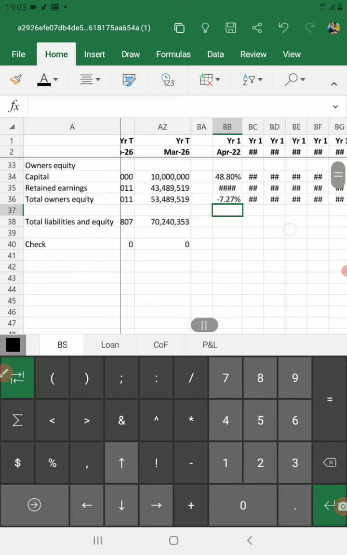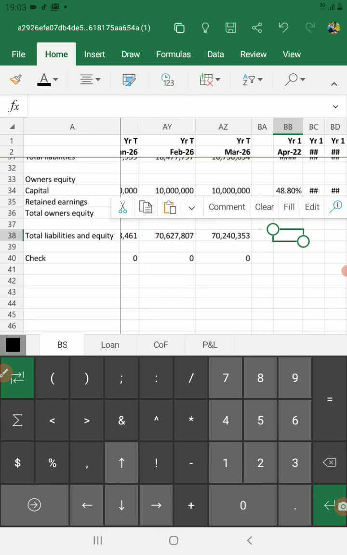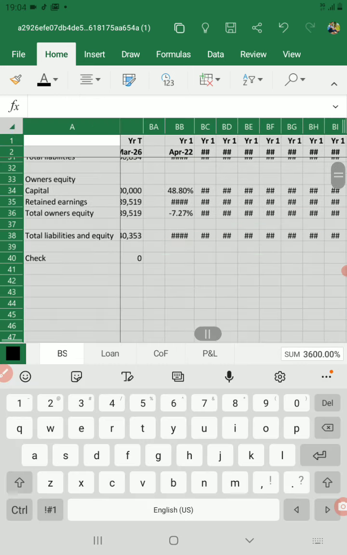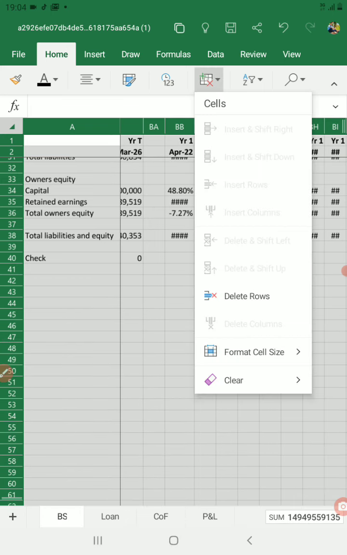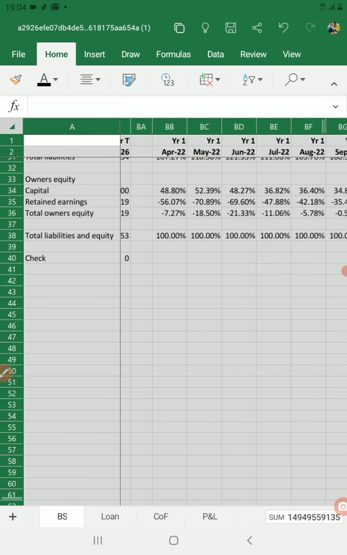And come here, tap and paste. Okay, let me format this so that we see all. Format cell size, autofit column width here.